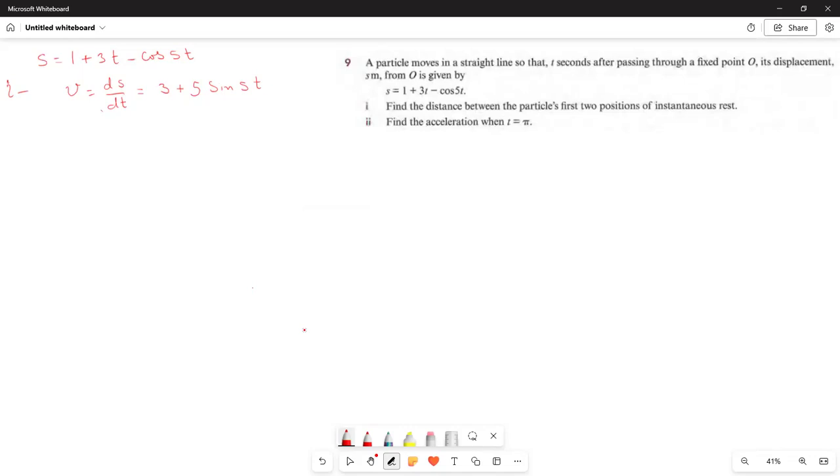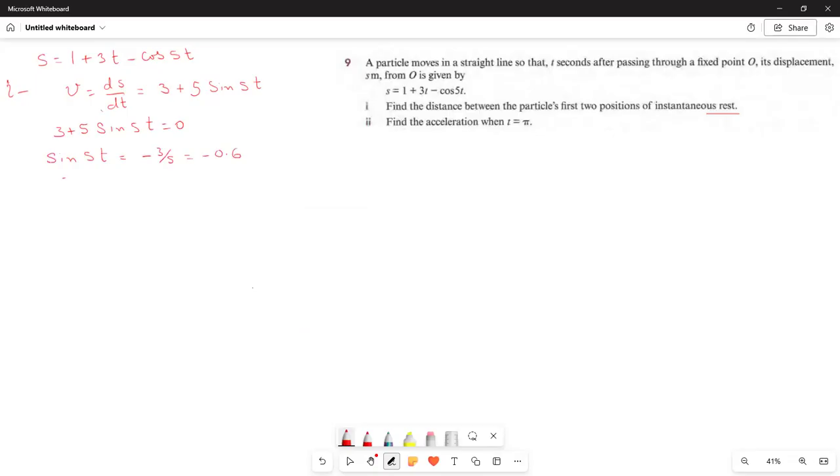Now, the particle is at rest when the speed is zero, so we need to put the speed equal to zero. So 3 plus 5 times sine of 5t is equal to 0. It means that sine of 5t is equal to minus 3 over 5, minus 0.6.